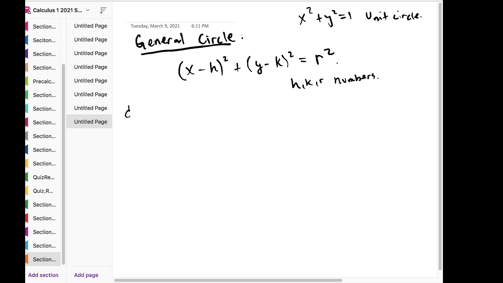Okay, let's find the derivative implicitly. What's the derivative of the first thing?